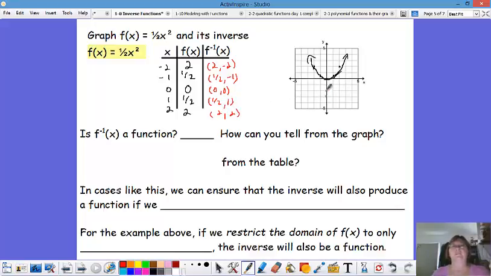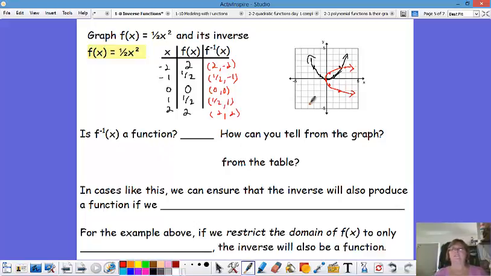All right, let's plot those and see what we get here. When x is 2, the inverse is at negative 2. X of 1/2, inverse is at negative 1. Then 0, 0, 1/2 and 1, and 2 and 2. All right, so there's the inverse function.